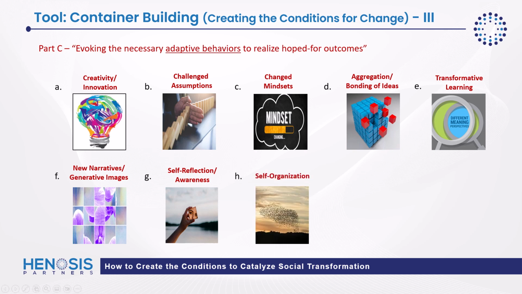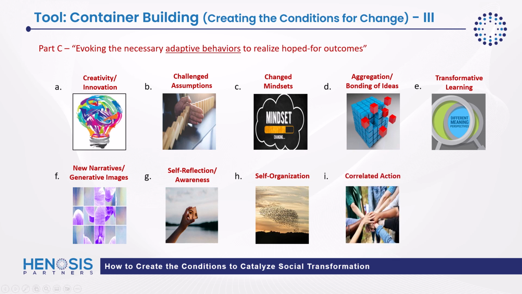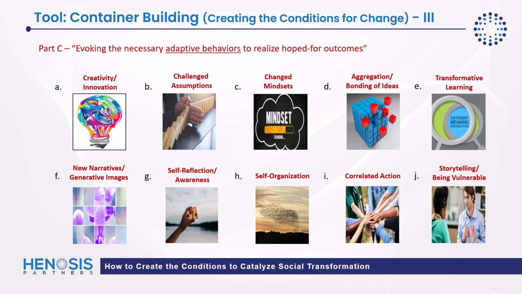We're wanting to evoke a self-organization of getting individuals to initiate change in a follow-the-energy way. And as part of that, we're wanting to evoke the behavior of correlated action, where people are aligned to achieve a common goal. And lastly, and perhaps most importantly, we're wanting to evoke storytelling amongst and between people. That is, we are wanting to evoke people being vulnerable with one another.